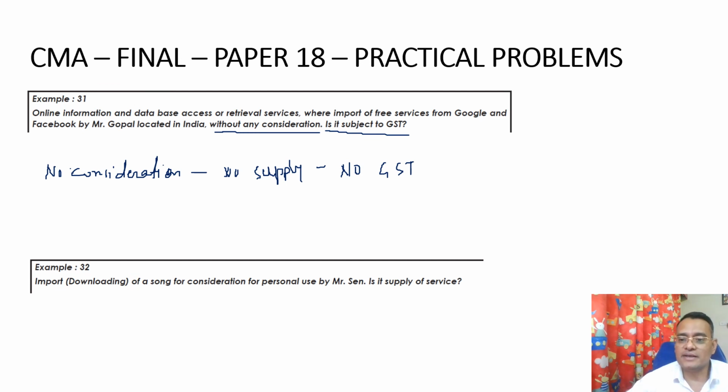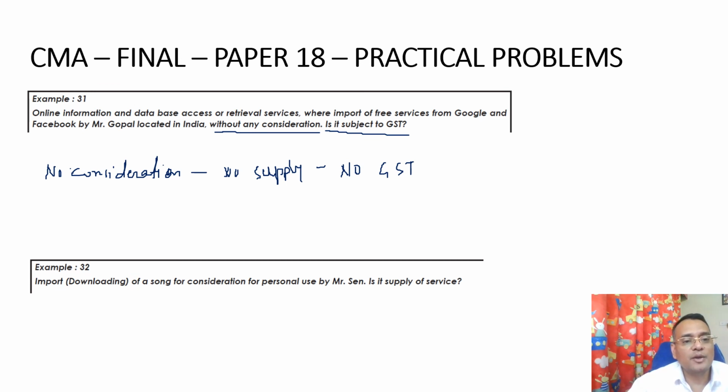Some supplies are treated as supply of goods or supply of services even when there is no consideration, and these services or goods are as per Annexure 1 of the CGST Act 2017, which is not covered in this case. So there will be no GST, and GST will be levied only when there is a consideration and services are provided after getting the consideration.